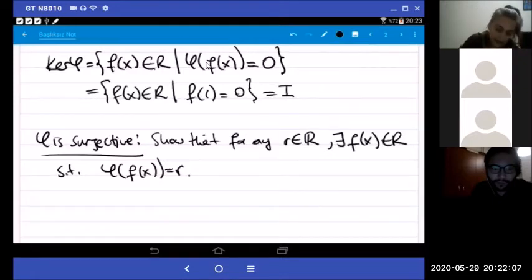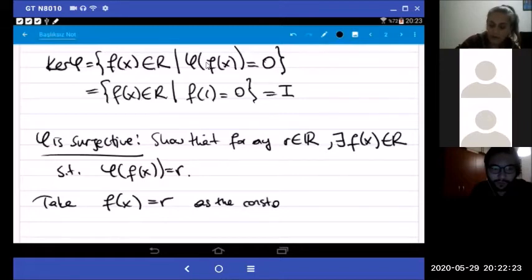So take your function as the constant function, taking all values to R. Take f of x equal to this constant function. And we know that constant functions are always continuous. So in particular, they're continuous on the interval 0, 2.